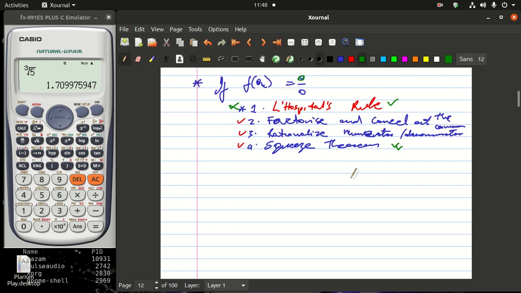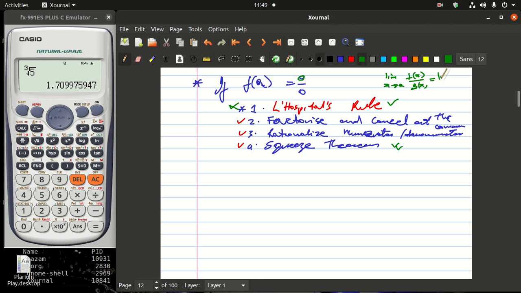L'Hopital's rule is simply saying that for the limit as x approaches a, if when you're plugging in a you are getting a 0 over 0, and if you are not getting a 0 over 0, you can't use L'Hopital's rule. You only use L'Hopital's rule in the case of 0 over 0, of f of x divided by g of x.